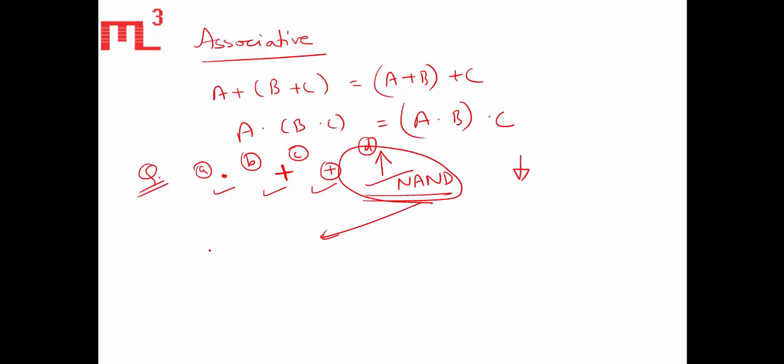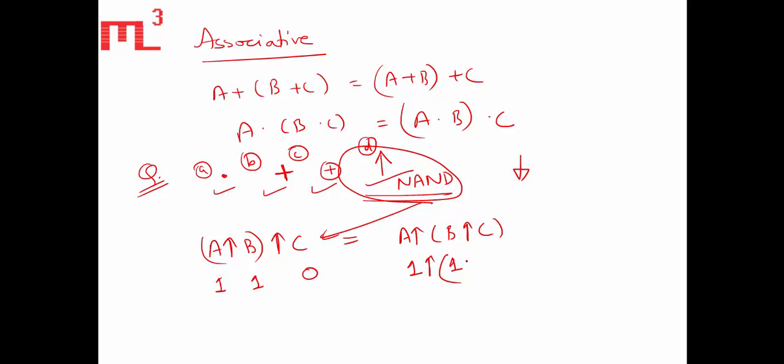How? I will show you. See, if A NAND B NAND C, we will compare it with A NAND B NAND C. Put the value, suppose I will put the value 1 1 0. A is equal to 1, B is equal to 1 and C is equal to 0. Then you will see.